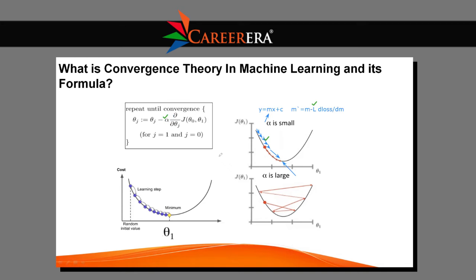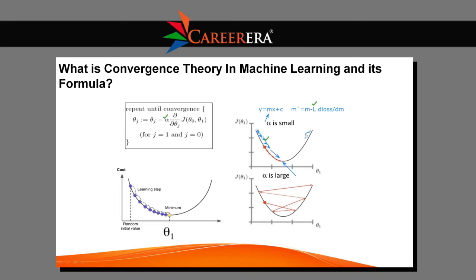If the lambda value is small, the steps will be small. If the lambda value is big, the steps it takes are going to be big. So in the curve, the steps are going to be big or small according to the lambda. If I take this lambda very small, the steps will be very small too.